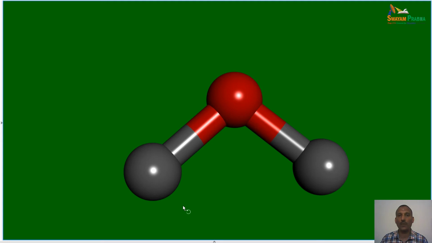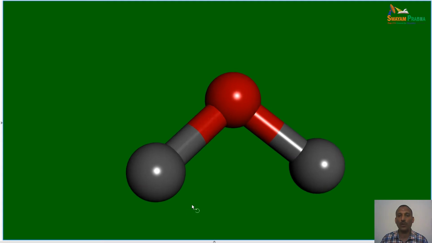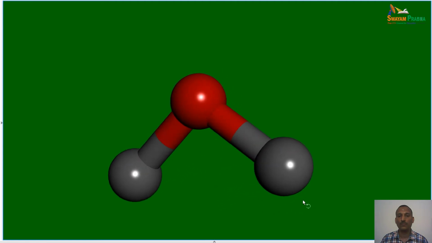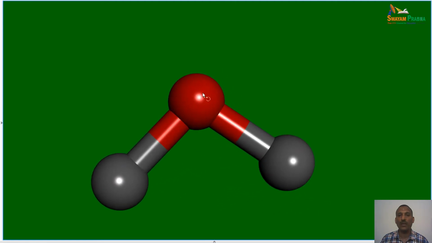Once again I repeat the same thing. I am going to rotate it, and we end up with the same representation. So 360 degrees divided by 2 times, because the first time at 180 degrees we have a representation similar to the initial one, and after another 180-degree rotation, that means 180 plus 180, 360-degree rotation, we again get the same thing.